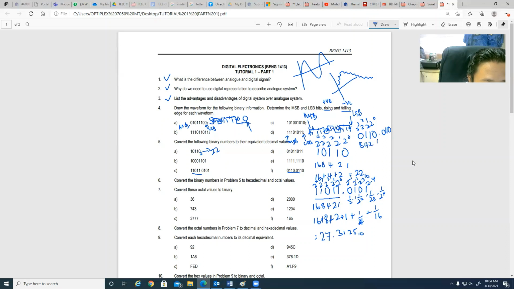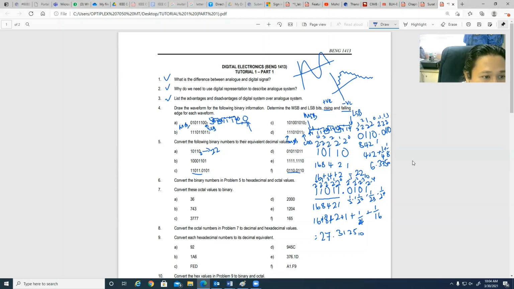So 0 plus 4 plus 2, and then negative 1, negative 2, negative 3, so plus 1 over 4 plus 1 over 8. The answer will be 6.375 in decimal. So that is for question F.